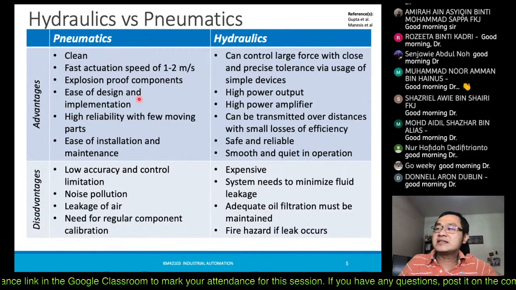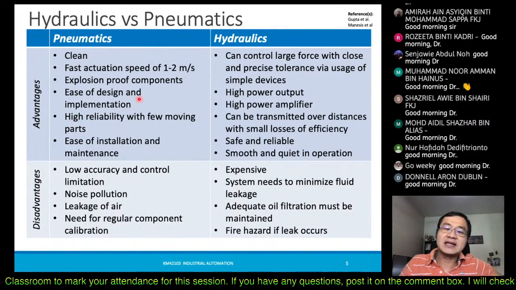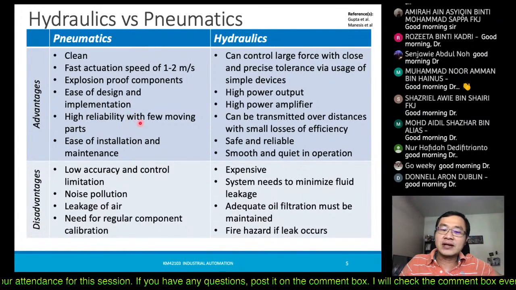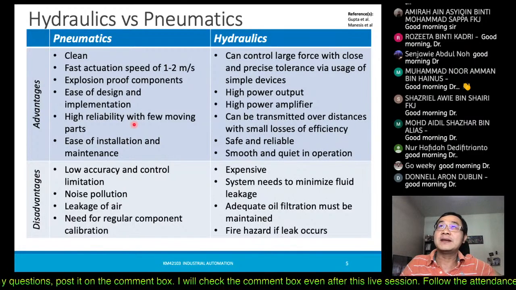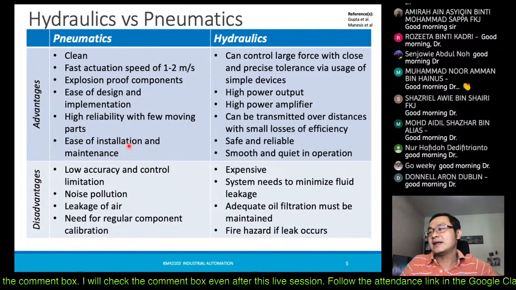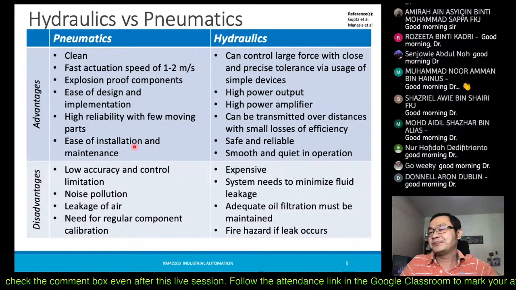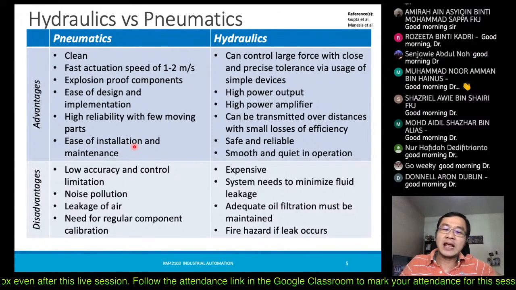They are also easier to design and implement, more reliable, with fewer moving parts or fittings, and also easier to install and maintain.